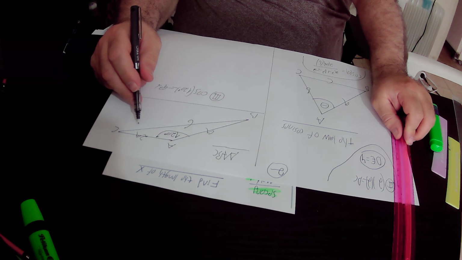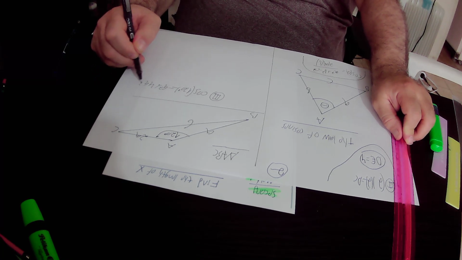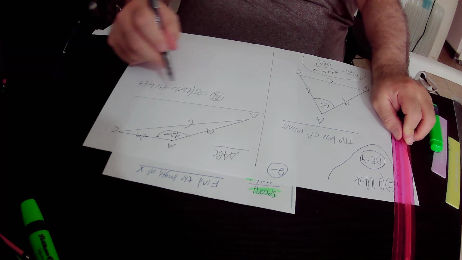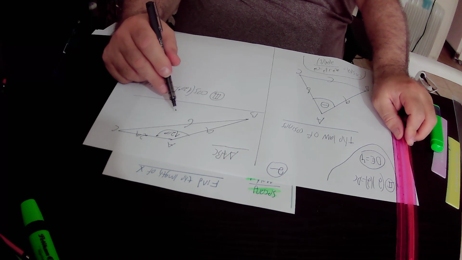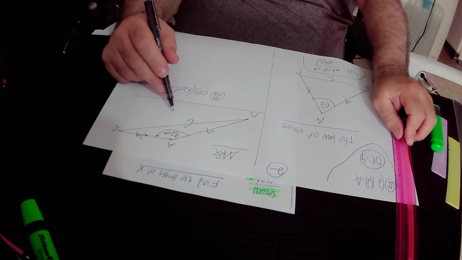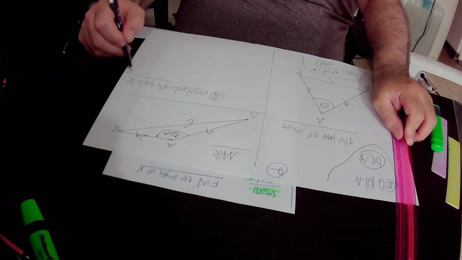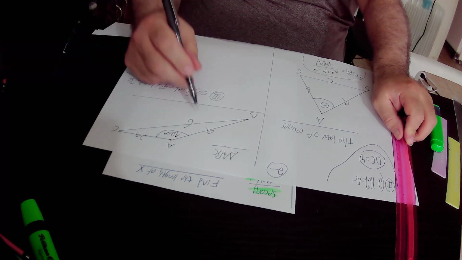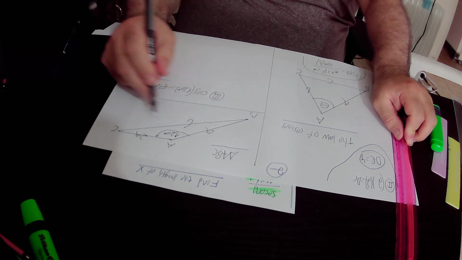AC equals 2a, so AC squared is 2a squared, it is 4a squared, minus BC squared. BC equals 6, so BC squared is 36, so it is minus 36, over 2 times AB, which is a, times AC, which is 2a.